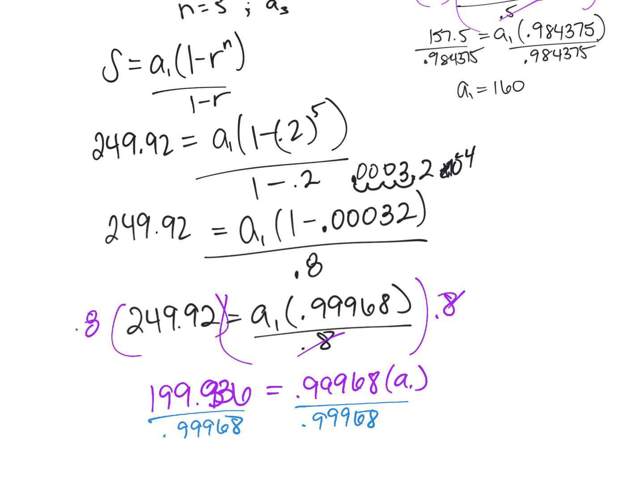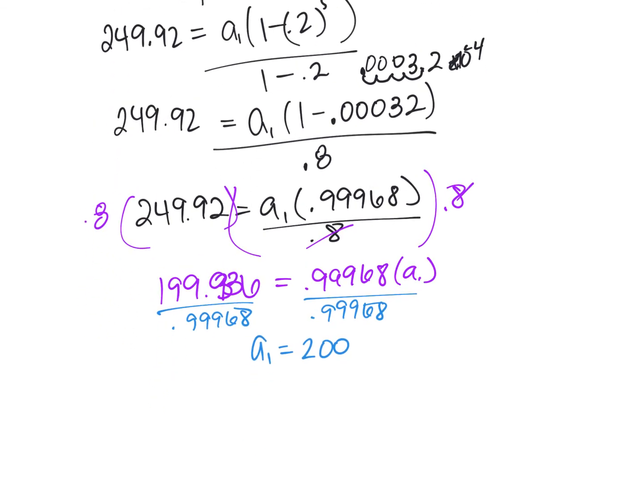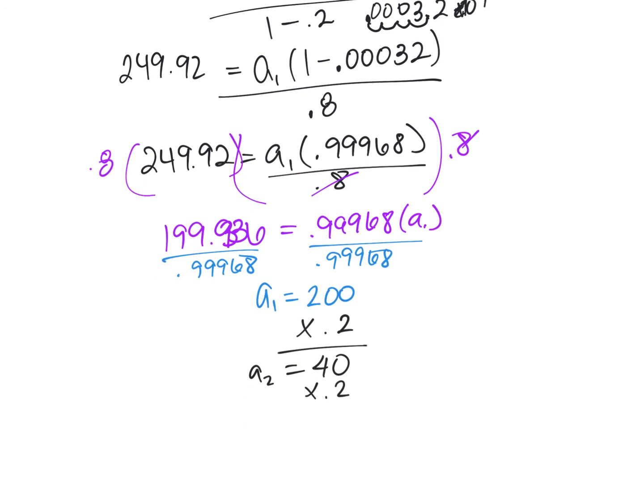So 199.936 divided by 0.99968, I get 200. So a_1 equals 200. So how do I find a_3? We multiply by r, so times 0.2. That's 40. That's a_2. Times 0.2 is 8. So a_3 equals 8.